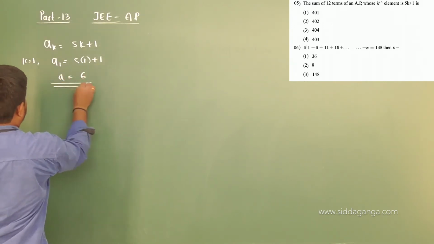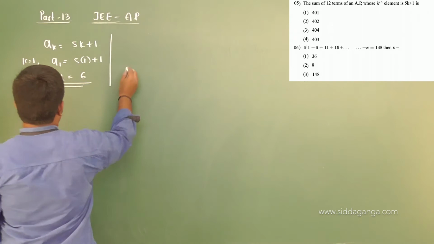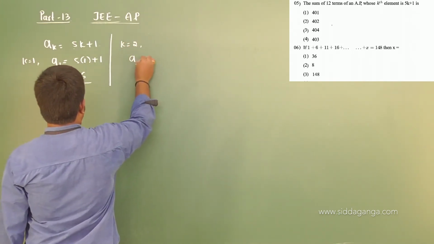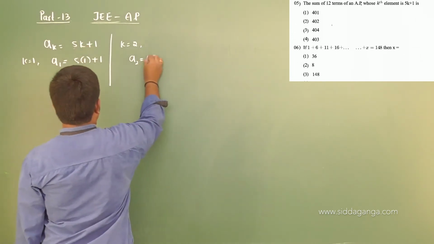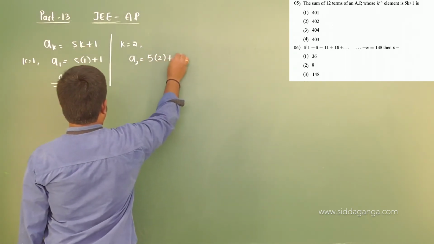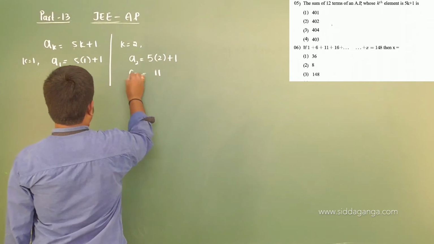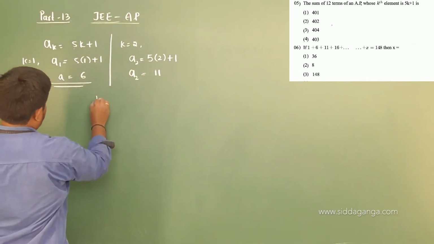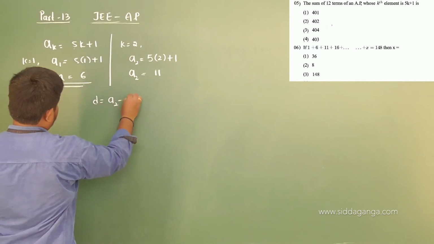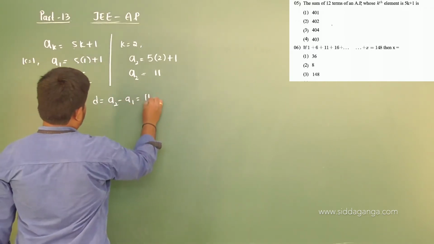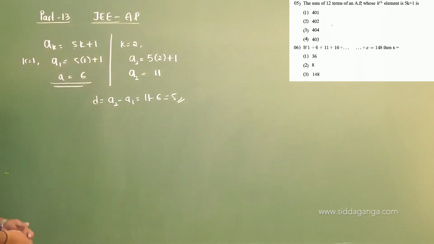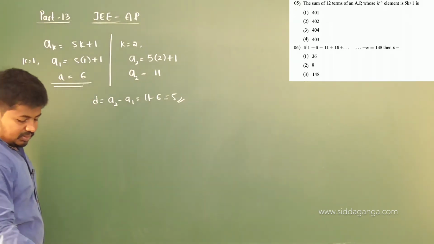When k is 2, A2 is equal to 5 twos are 10 plus 1, you get 11. So A2 is 11, A1 is 6. Your common difference d is A2 minus A1, 11 minus 6, that is 5. So the first term is 6 and the common difference is 5.